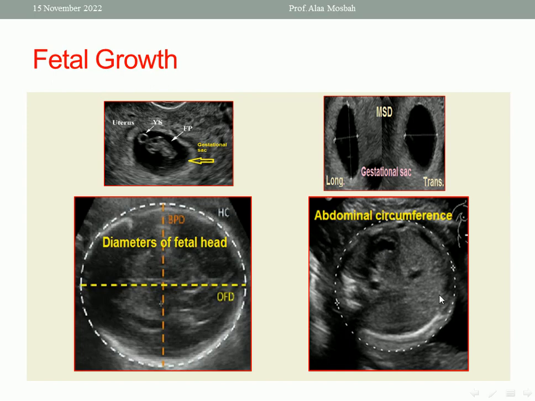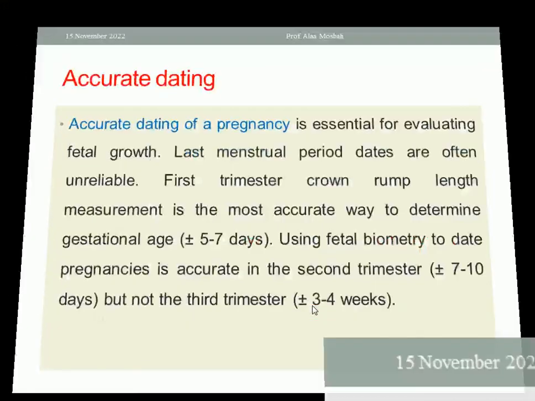And if the abdominal circumference decreased, this means fetal growth restriction. So we are going to use the ultrasound to measure the fetal biometry.